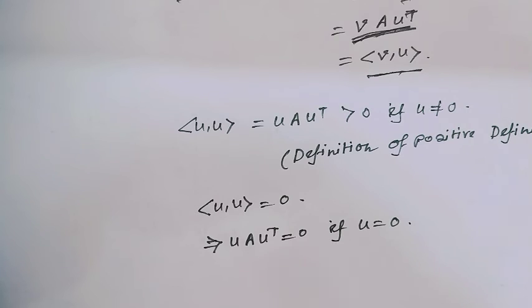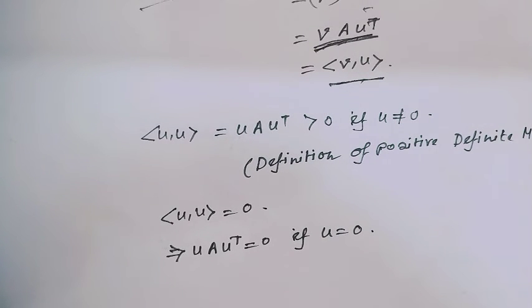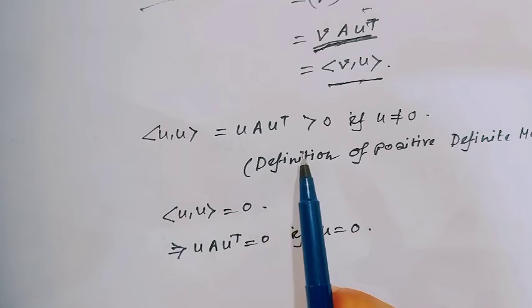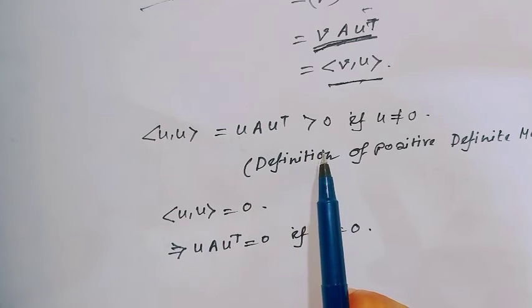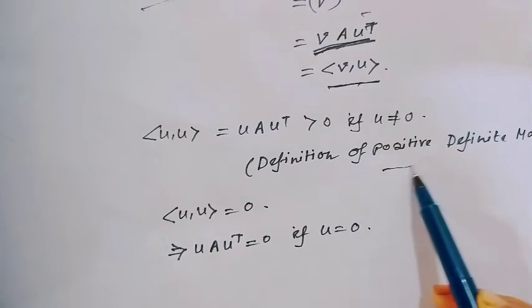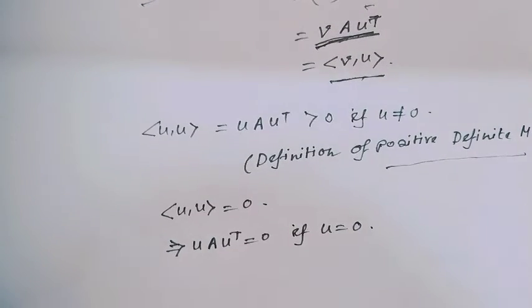This obviously satisfies the positive definite property because this matrix is a positive definite matrix. So inner product of U with itself, which is equal to U A U transpose, is obviously greater than 0 when U is not equal to 0. This is the definition of a positive definite matrix.